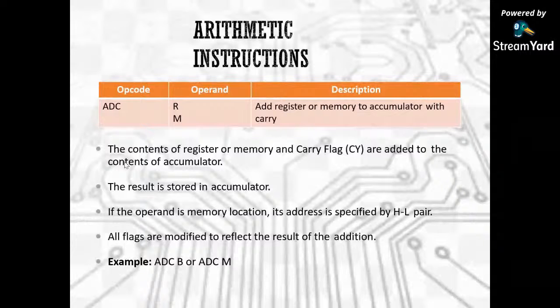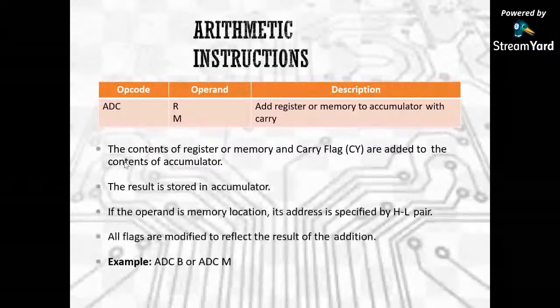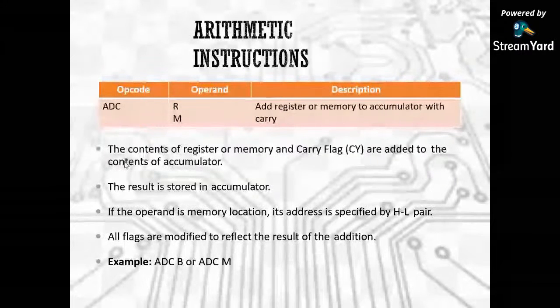So the result, of course, is stored into the accumulator. If the operand is in memory location, the address will be specified, of course, by HL pair. All flags are modified to reflect the result of the addition. For example, like ADC B, or ADC M.